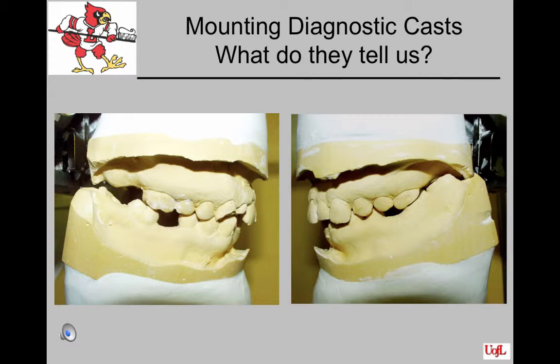But if you mount these two casts, you can make a proper diagnosis, and we've got some real complicating situations here. The molars on the patient's left side are all extruded due to wear and lack of an opponent. You really cannot restore anything on this patient in the way of removable partial denture without some major extractions.